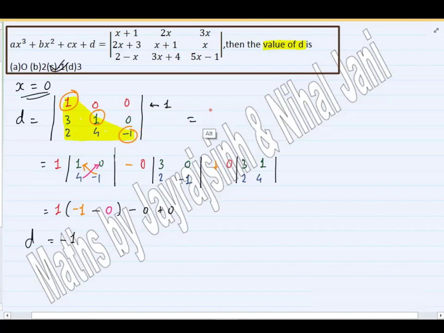That means we just have to multiply 1 into 1 into minus 1, and the determinant is directly minus 1, which you already found out, right? So use this property as a shortcut to find the determinant of lower triangular as well as upper triangular determinants.